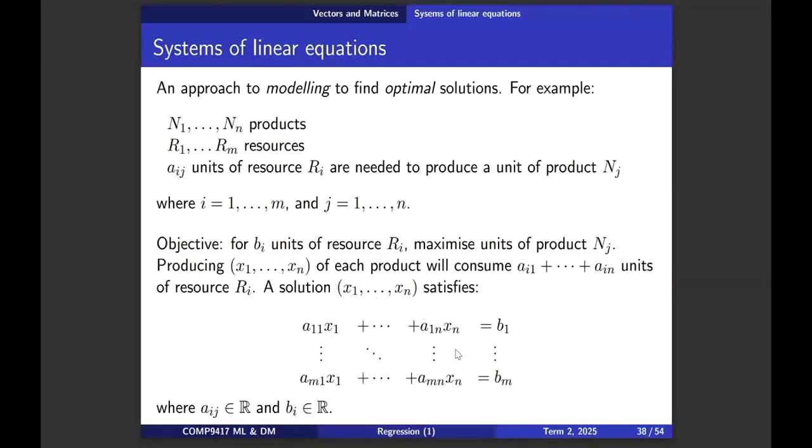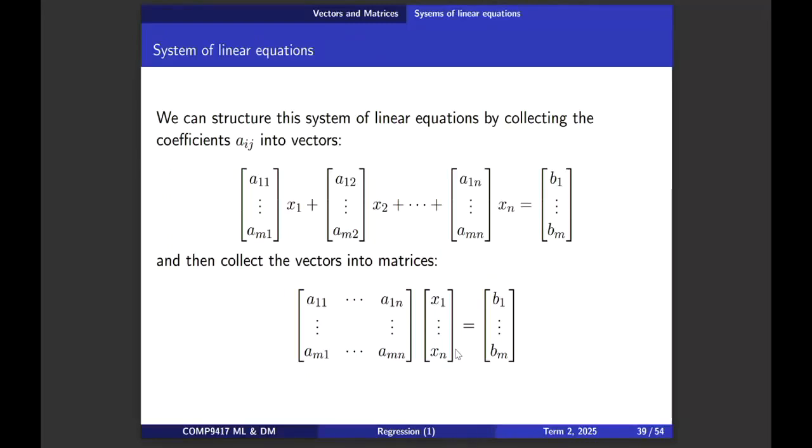The general framework is that for us, x is going to be a data point, but in applications of this kind of linear algebra, x is often the thing you want to solve for, so they're unknowns. Anyway, x is the thing to find, and a1 to m for column 2, and so forth can be gathered into vectors, and then this is also a vector.